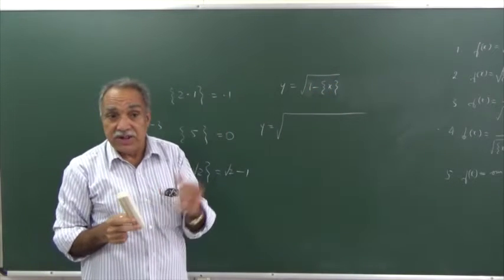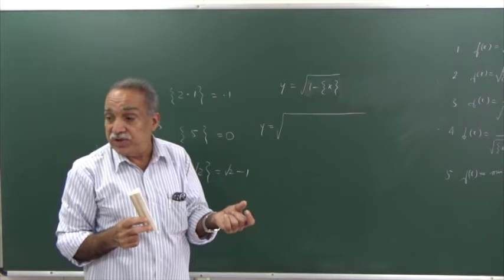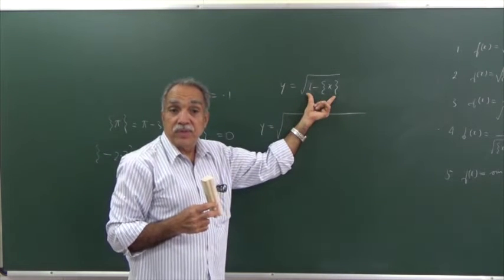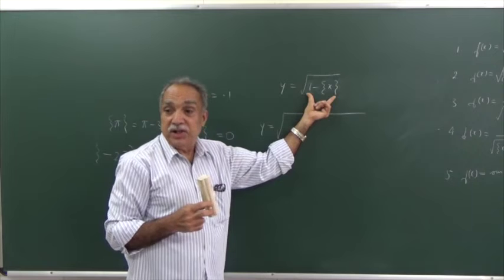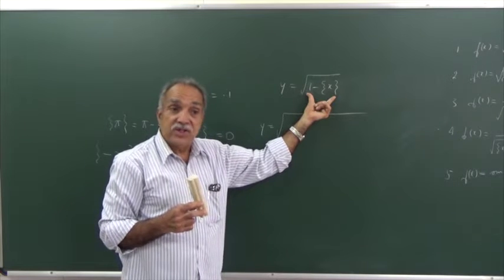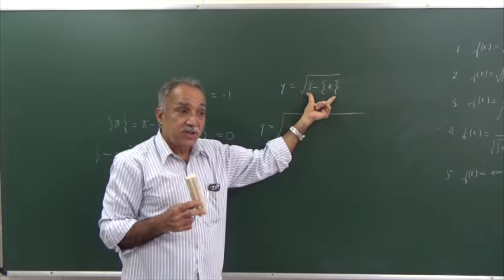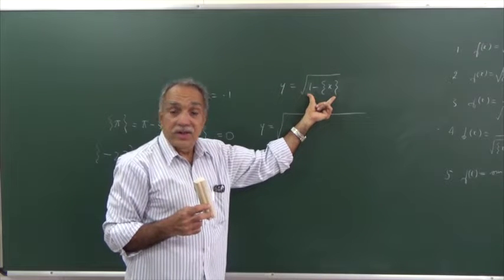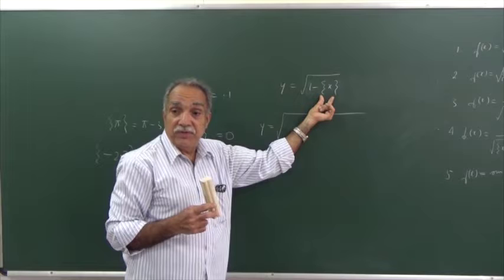For any real number x, fractional part x is a number between 0 and 1. So what can you say about this difference? Always greater than or equal to 0. Square root is always defined. Domain is the set of all real numbers and range is, this takes values between 0 and 1.